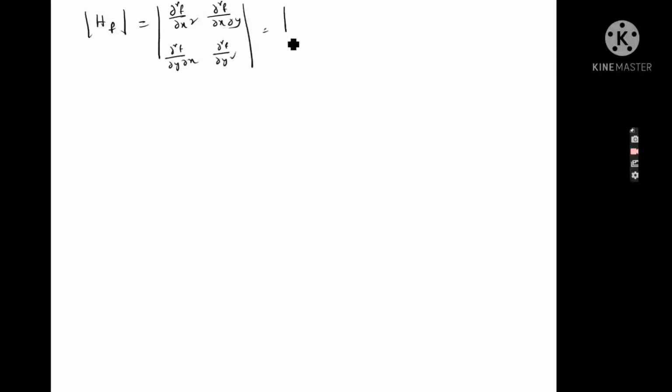So this equals the modulus of L, M, M, N. Now substitute: L is nothing but 2y, m value 2x plus 2y minus a, m value again 2x plus 2y minus a, and n value 2x. So now find the determinant.